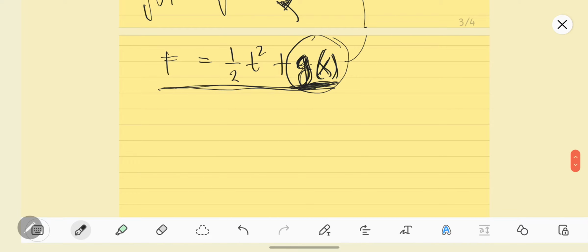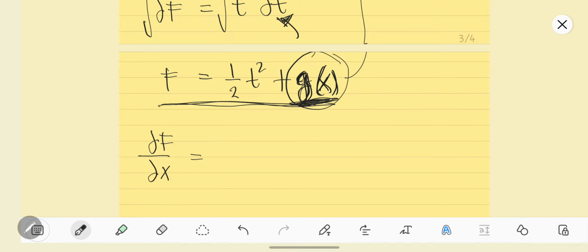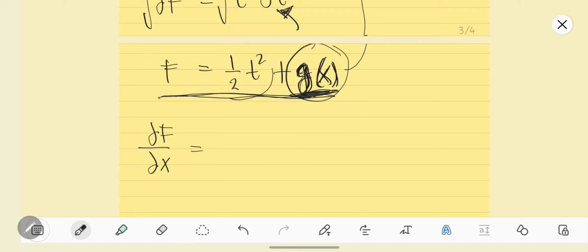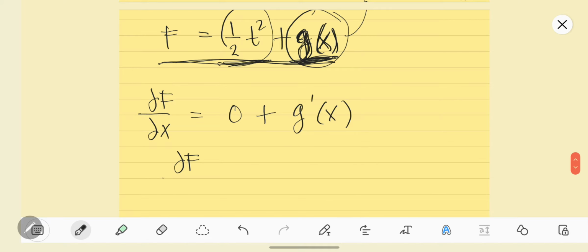So the partial derivative of f with respect to x is equal to g prime of x.